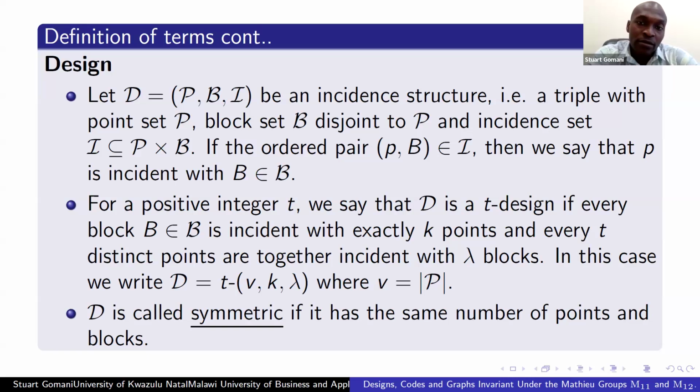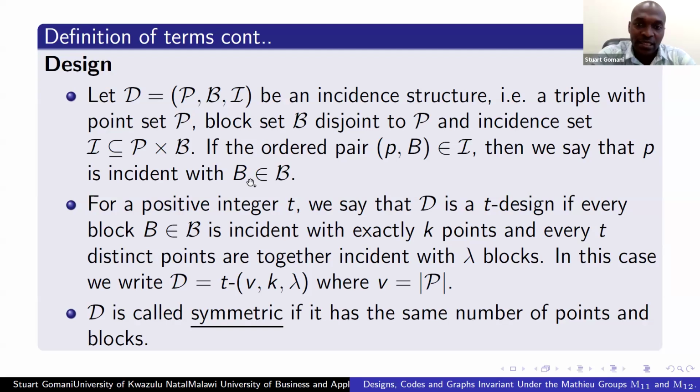If the ordered pair involving an element of the point set of D, which we denote by P, and a block B, which is an element of calligraphic B, is an element of the incident set I, then we say that P is incident with the block B.